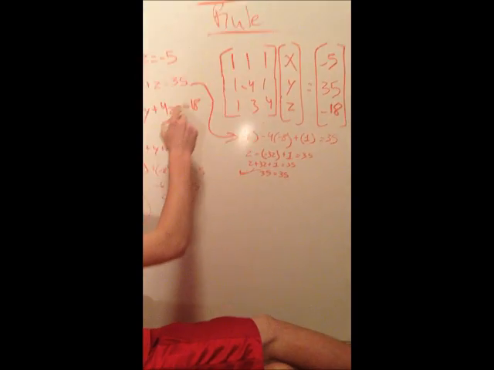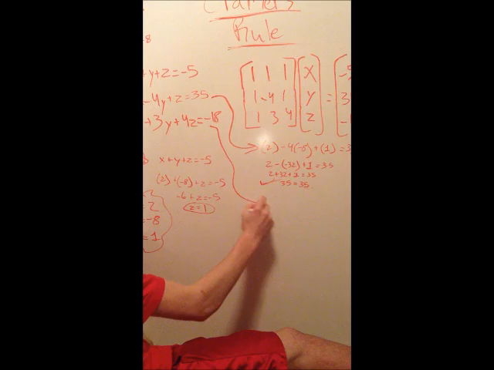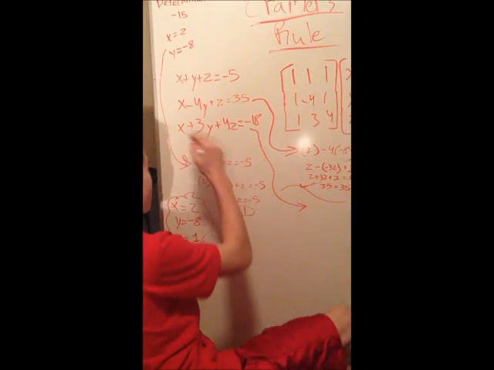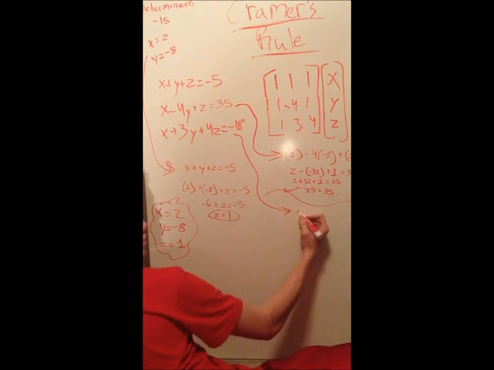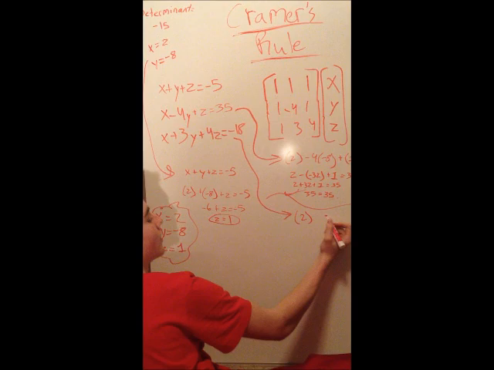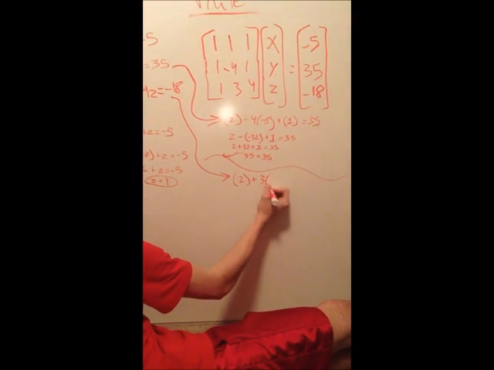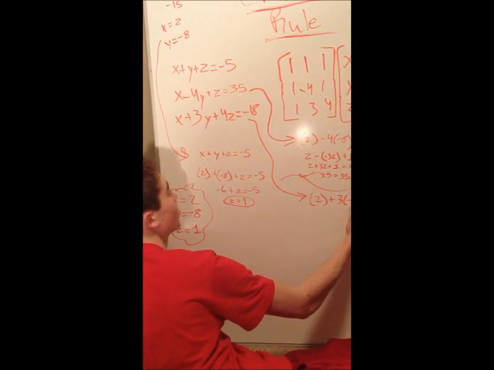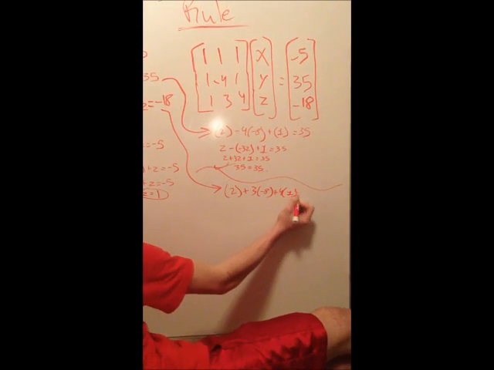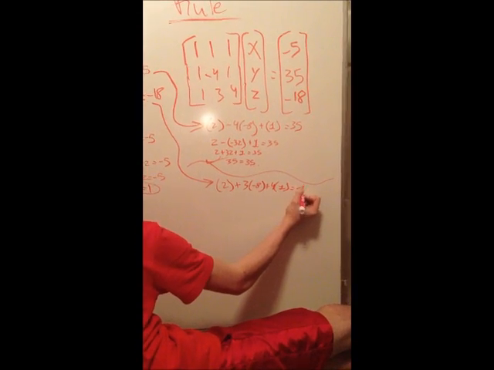Okay, so we can bring down this second equation here, and we can substitute in, and we get x equals 2. So we have 2, excuse me, my slanted line, plus 3 times y, which is negative 8, plus 4 times z, which is 1, equals negative 18.